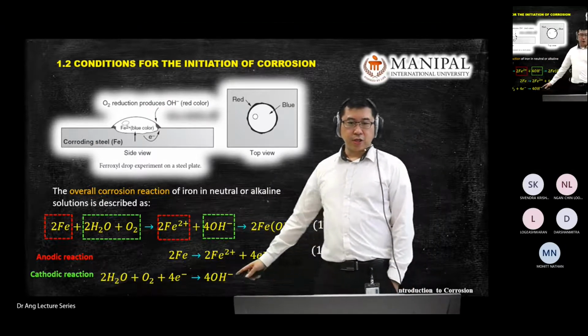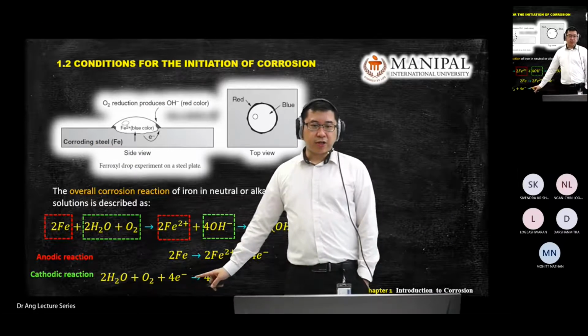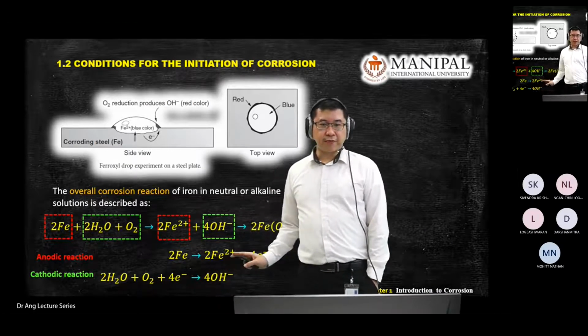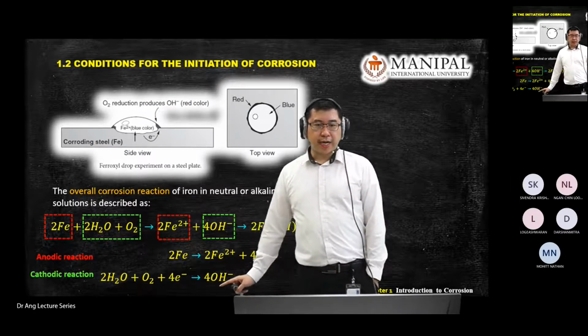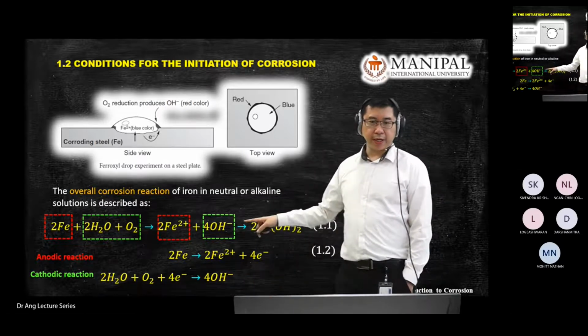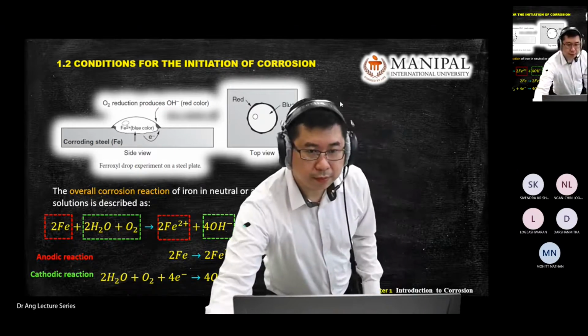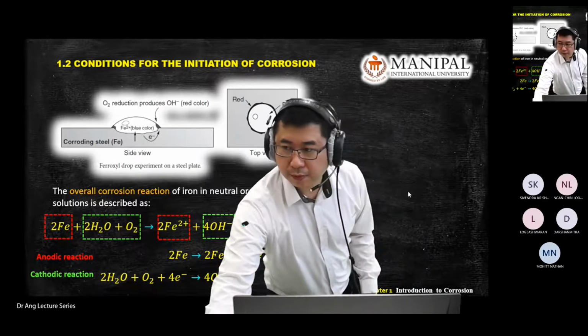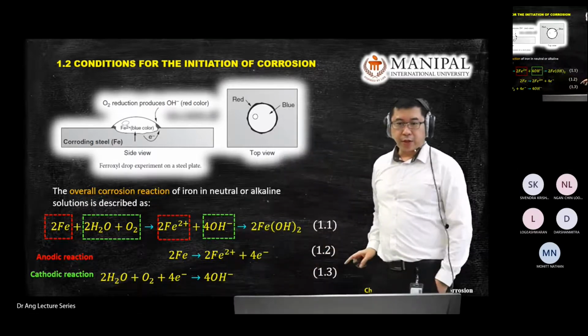So when your water and oxygen plus the extra electron from the splitting of your metal element, you will get OH negative. It is from here to here. You get the third equation.